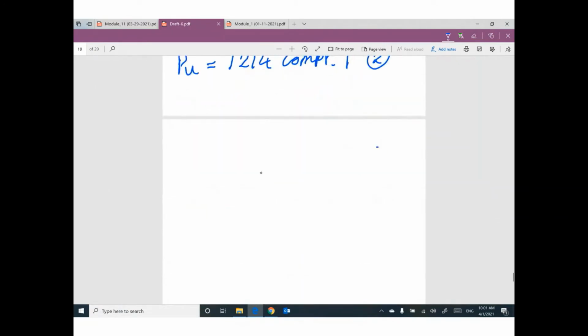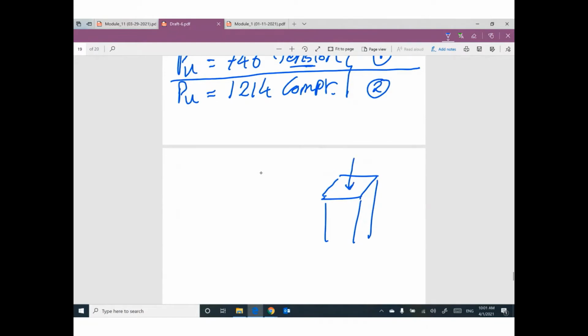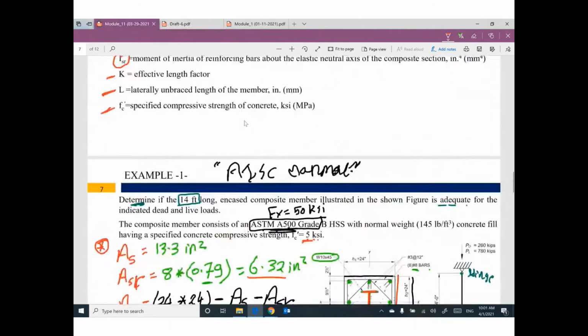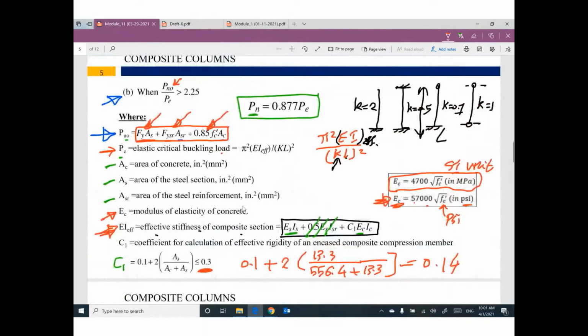If the column is under compression, right now the concrete will work. And the steel column will work. And the steel reinforcement will work. So we are going back to this scenario for compression.